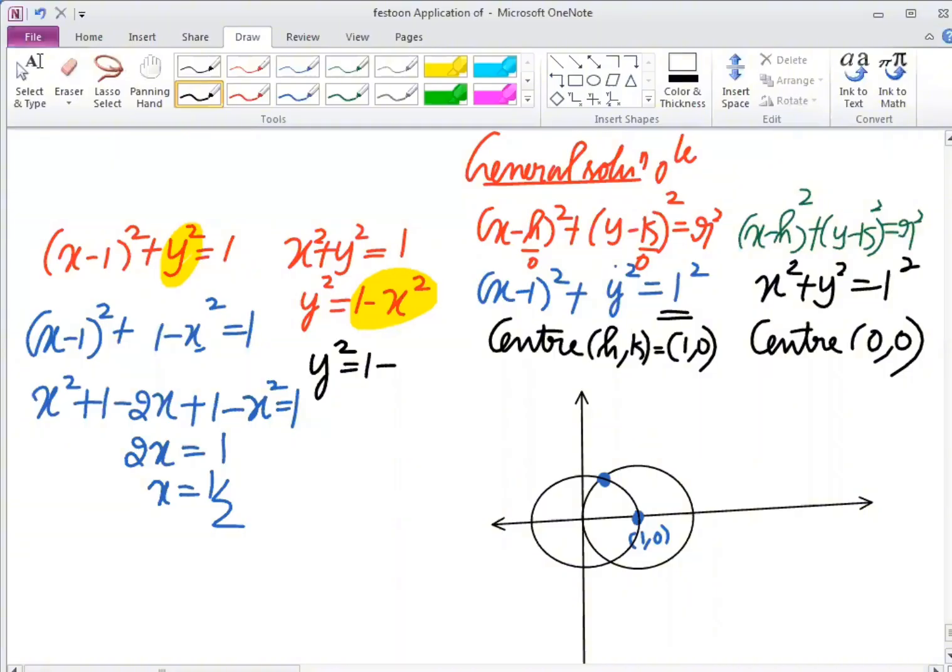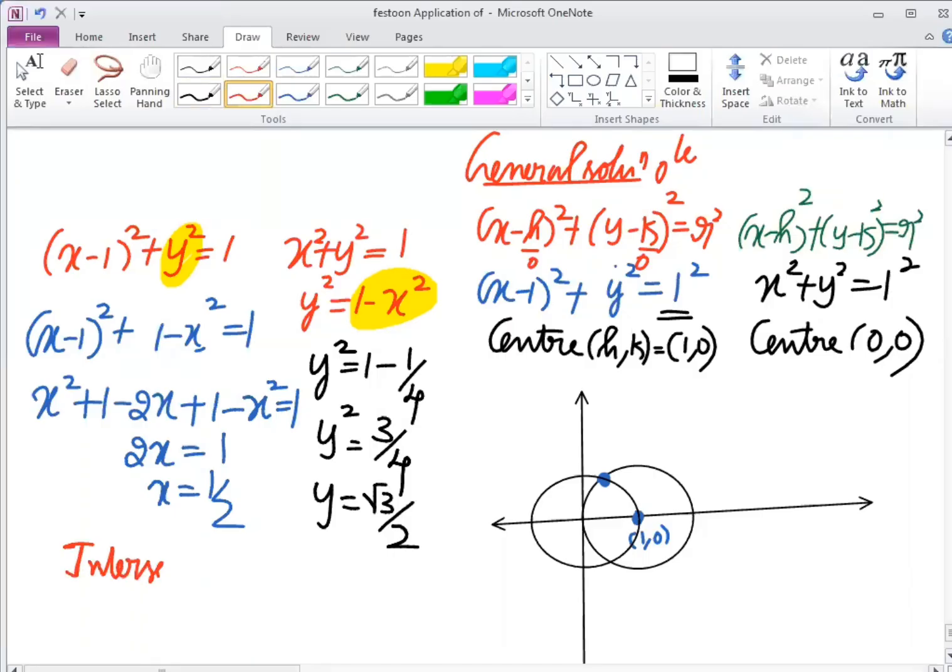So here 1 minus 1 by 4, so y square will be equal to 3 by 4. So y will be equal to root 3 by 2. That means the two circles meet at the intersecting point, which is half comma root 3 by 2.